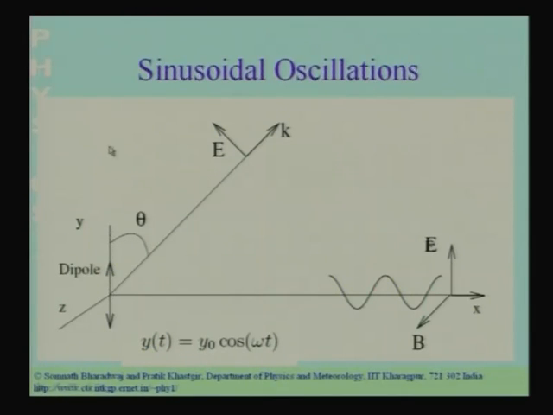And if I look in this direction, theta is going to go to 0. So, sin theta becomes 0, there will be no electric field produced by the dipole oscillator in this direction. For any other direction, the dipole oscillator far away is going to produce a sinusoidal plane wave. The magnitude of that sinusoidal plane wave is going to fall as sin theta.